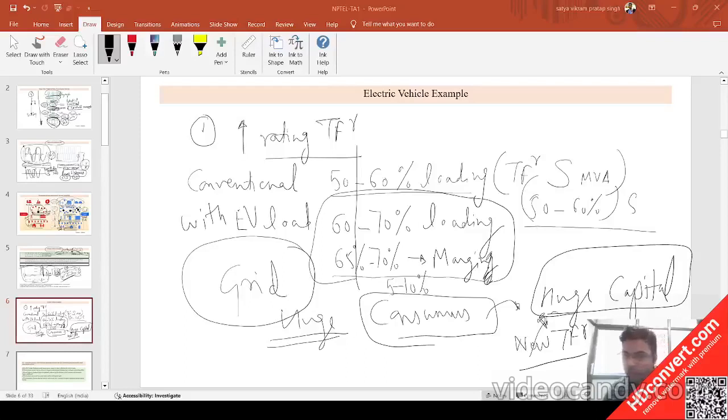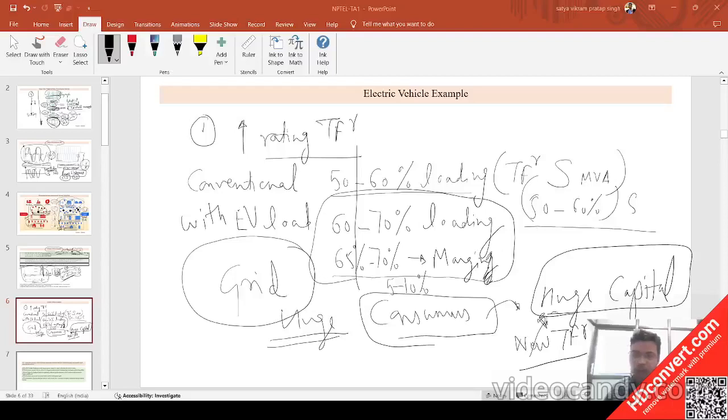Or you can type in the chat box. If the session is going very fast, you can also say that, and if you want me to be a little slower, you can type in the chat box.